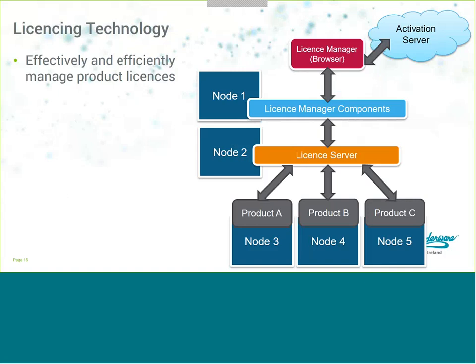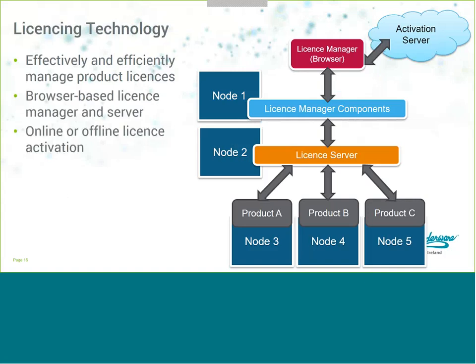You actually physically access an activation server that exists in the cloud somewhere from a Schneider Electric perspective to download those licenses. It doesn't mean that you need an internet connection everywhere. There is the option for online or offline activation, but it does allow you from a centralized location to understand which machines contain which licenses. So you're physically reserving a node based on the products for that license.